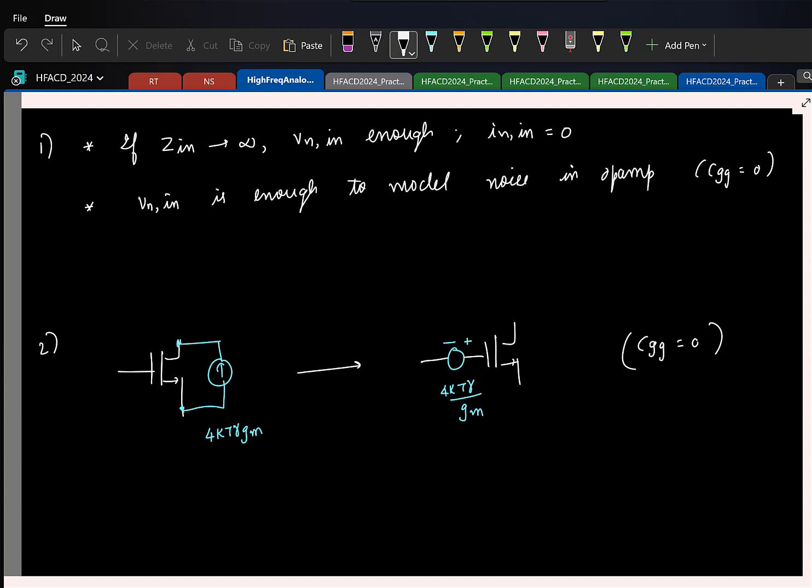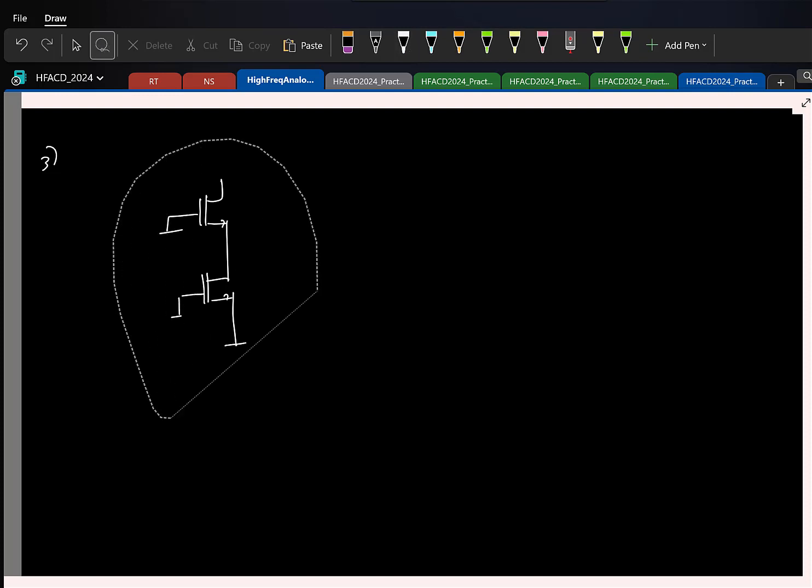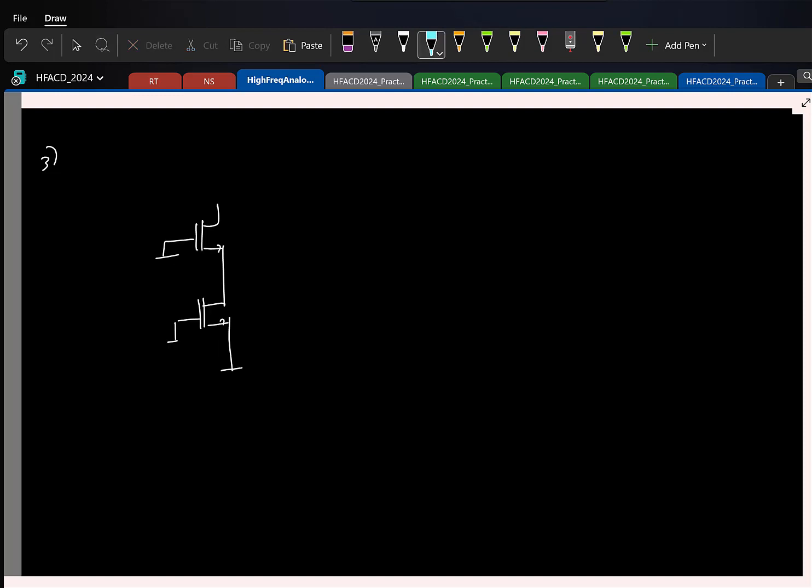Cool. So the other takeaway is this. If you recollect, we calculated the noise in a cascode also. This is a small signal model for a cascode, and here I look at the noise contributed by the cascode transistor. Let's say you find the short circuit current here. If the output resistance of this main current source is infinity, then in small signal this is basically open.